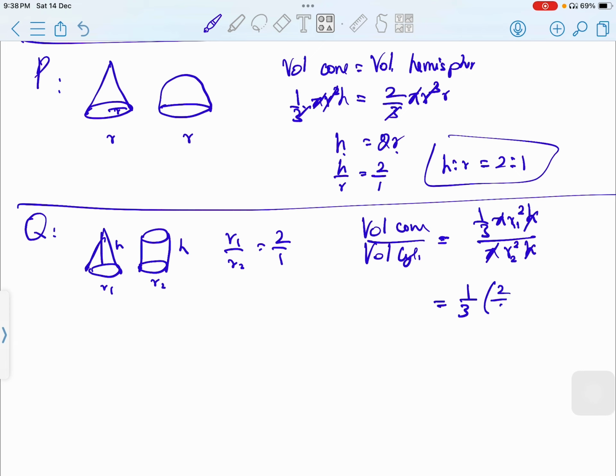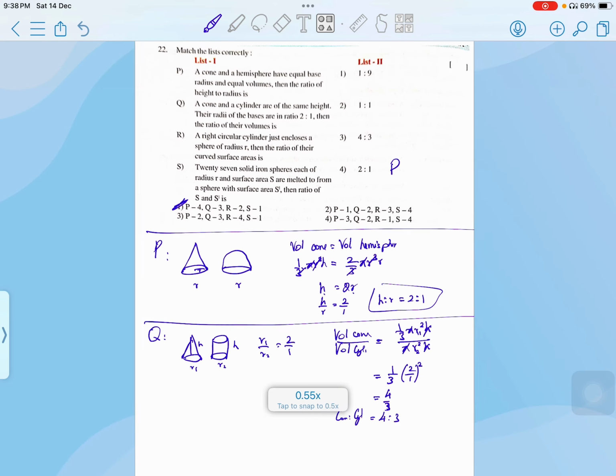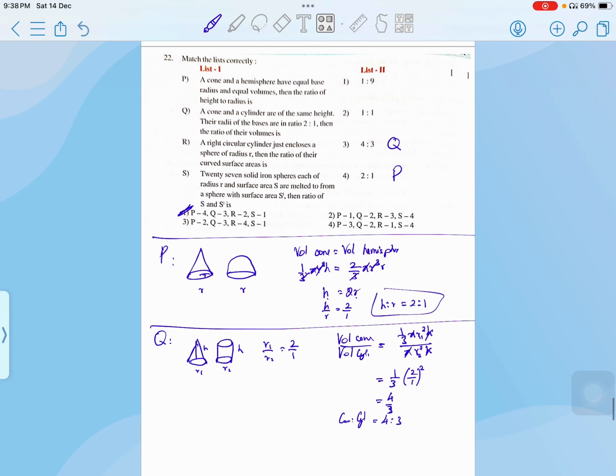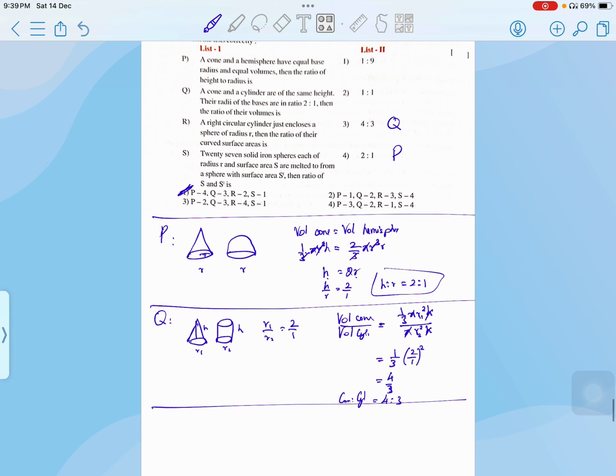If you take it as 2 by 1 whole square, it is going to be 4 by 3. So the ratio from the cone to cylinder is 4 is to 3. Only 4 is to 3 is there, 3 is to 4 is not there, so obviously it is from cone to cylinder.